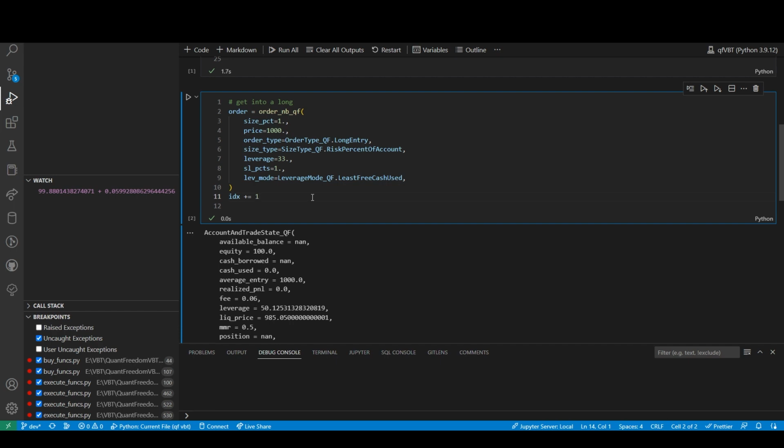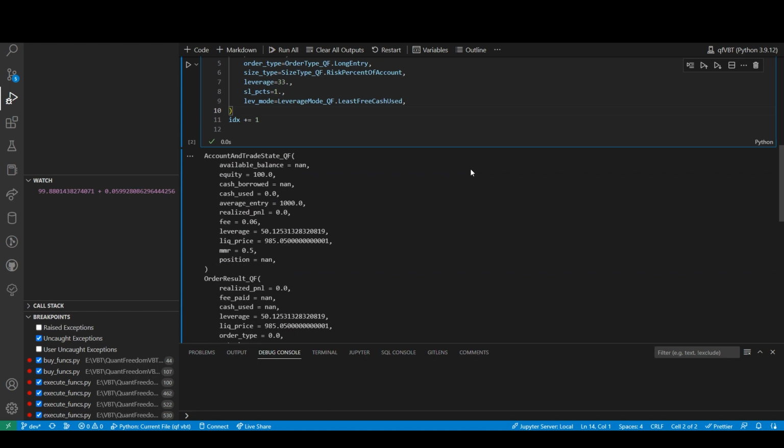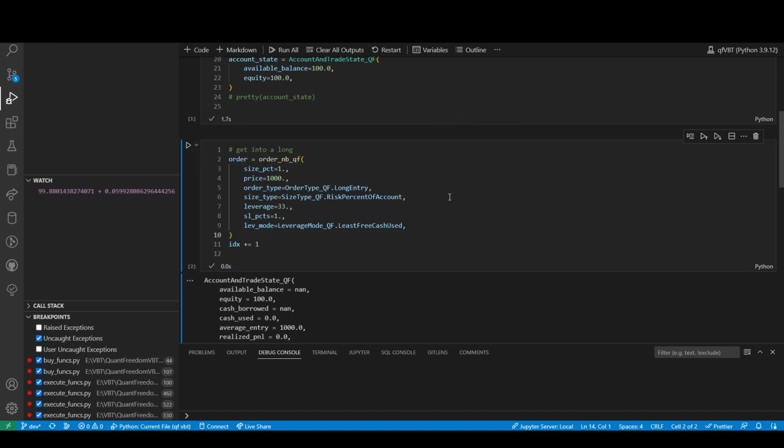Tomorrow we'll just try to actually run it and just see what happens and do the debug cell. I'm way too tired.